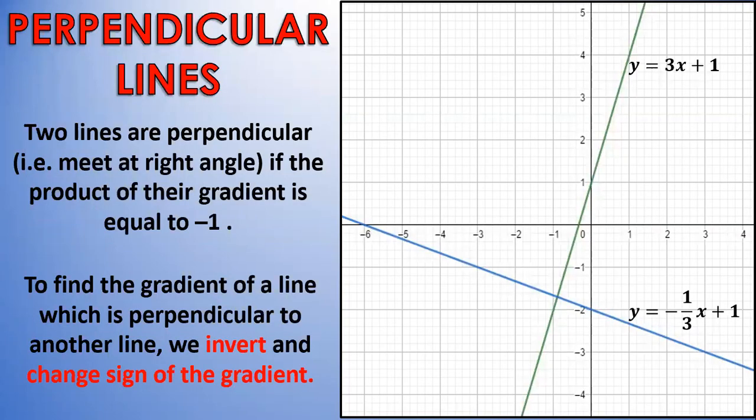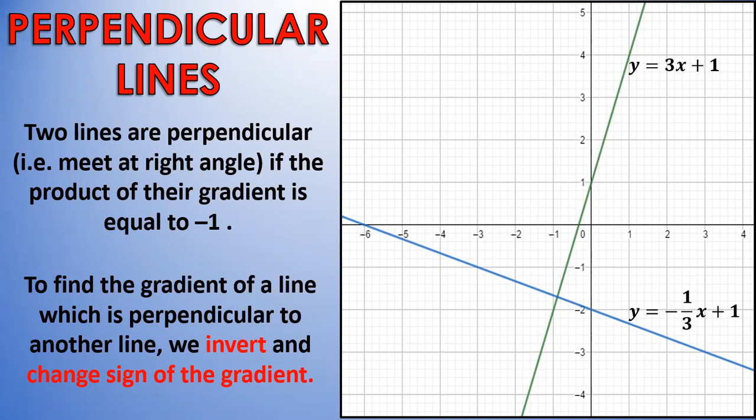Two lines are said to be perpendicular if the product of their gradient is -1. To find the gradient of a line which is perpendicular to another line, we can simply invert and change the sign of the gradient. Let us look at an example. We are given the line y is equal to 3x plus 1 and y is equal to -1/3 x plus 1.